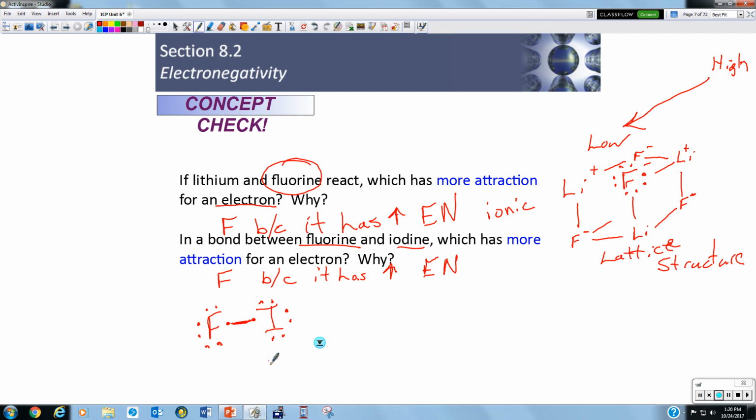And then fluorine is more electronegative than iodine, so that means that this side is going to have a partial negative, and the iodine side is going to be a partial positive. The electrons are going to spend more time around the fluorine than they will around the iodine.